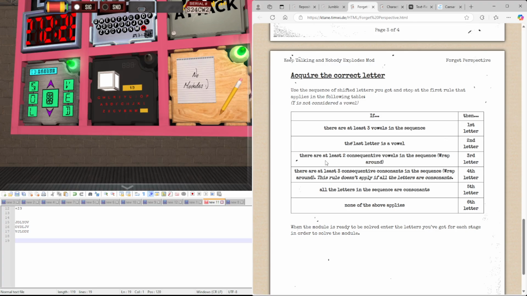Not true for any of them. There are at least 2 consonants. At least 2 consecutive vowels in the sequence. There are at least 3 consecutive consonants in the sequence.